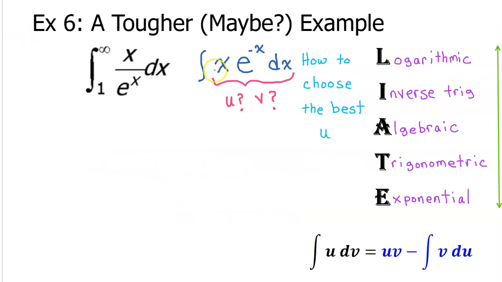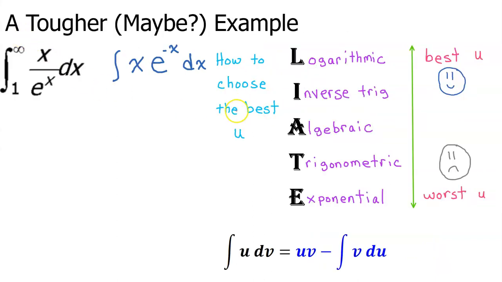We have to decide which part of this expression will be u and which part will be v. Let's start by choosing the best u according to the acronym LIATE. We see that we have an algebraic factor, x is a tiny polynomial, and an exponential factor.